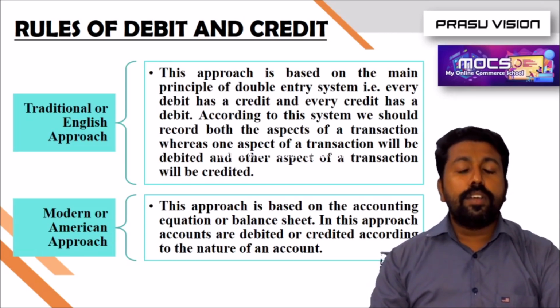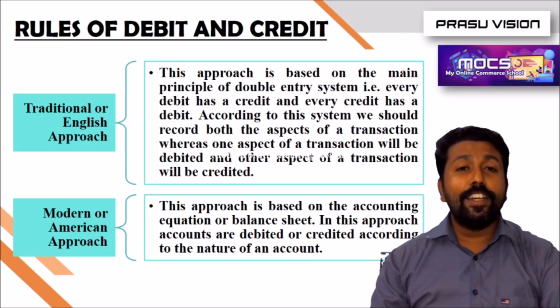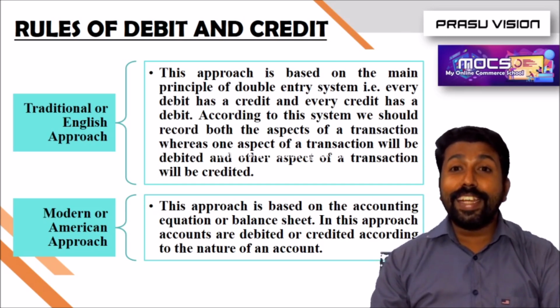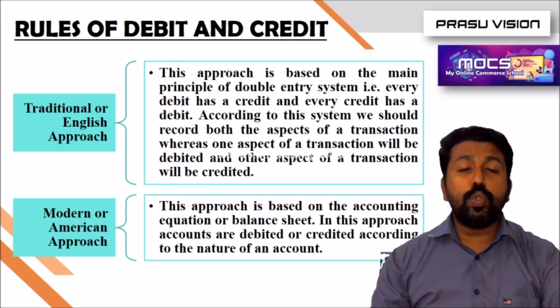In accounting, two approaches are there related to the debit and credit rules. The first one is the traditional approach, or we can say the English approach, and the second one is the modern approach, also called the American approach. As per the traditional approach, there are two different accounts, personal account and impersonal account.